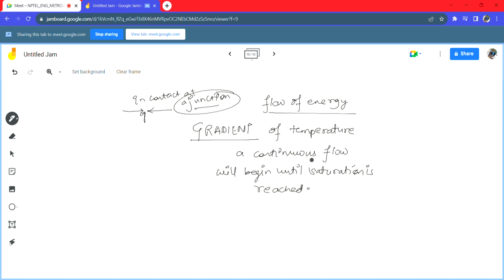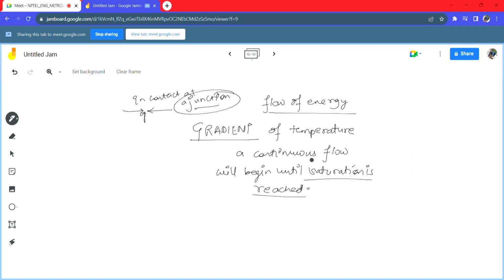So what is typically happening here is that when we are bringing in the hot and cold junctions together at one particular point, there will be a flow of particles that will start, and the temperature of the higher point will start to reduce and the lower point will start to increase, such that at one particular point they arrive at the same temperature, and that situation we call saturation.